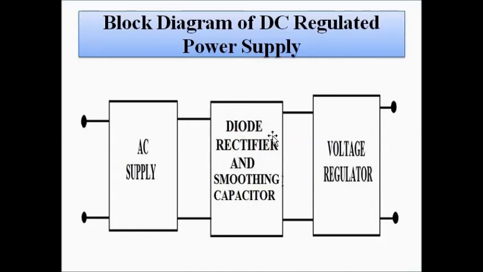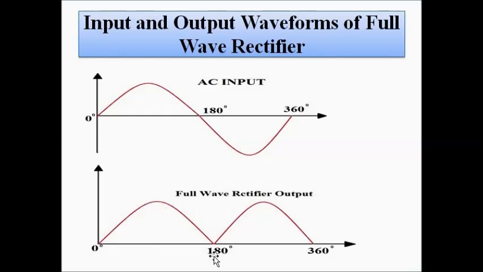We are not going to repeat the rectifier part because I have discussed it almost three times: once in the half wave rectifier and twice in the two types of full wave rectifiers. I have already discussed in detail how the rectifier works and how we get a pulsating DC output, like this.